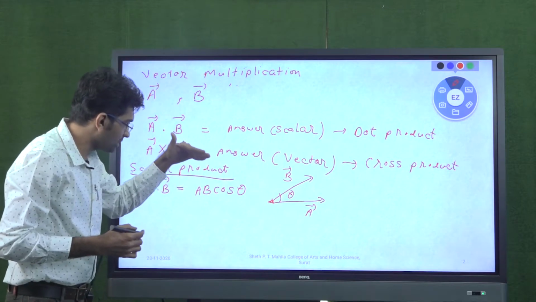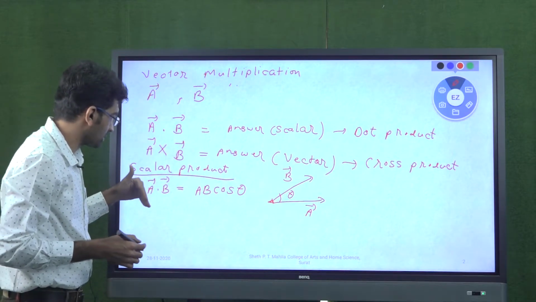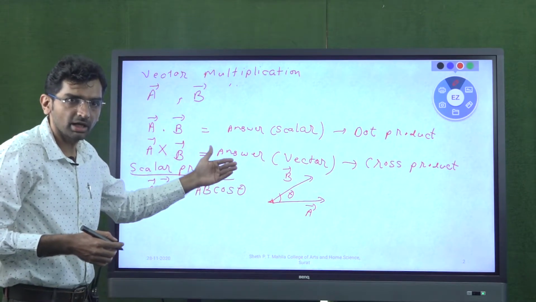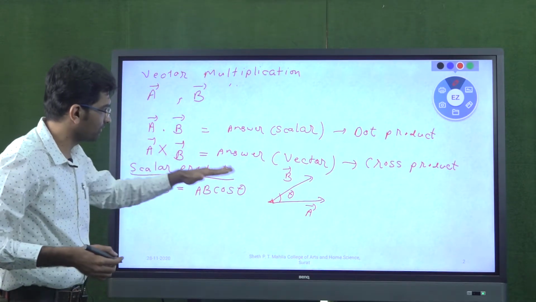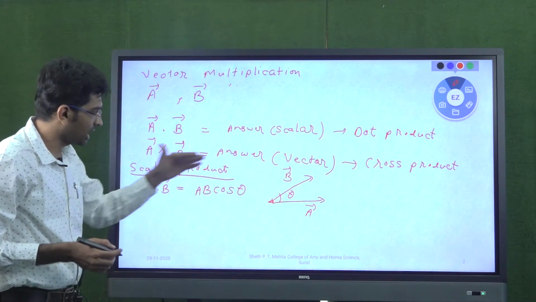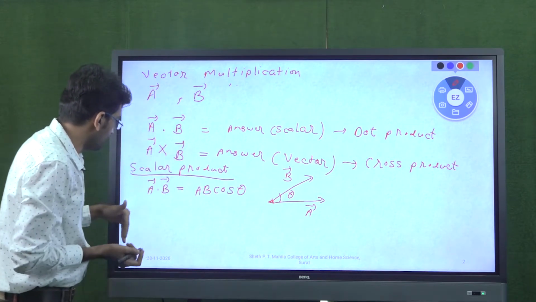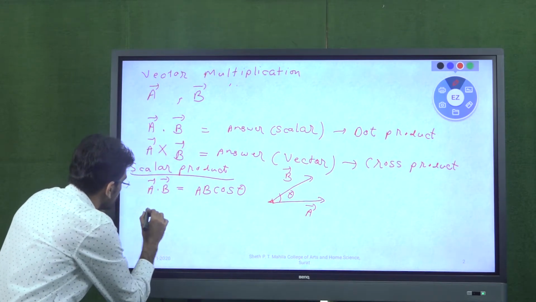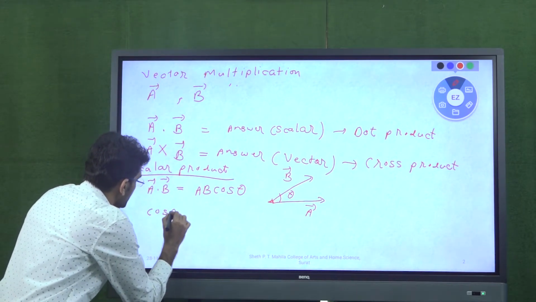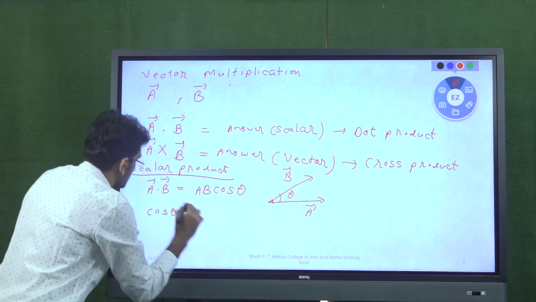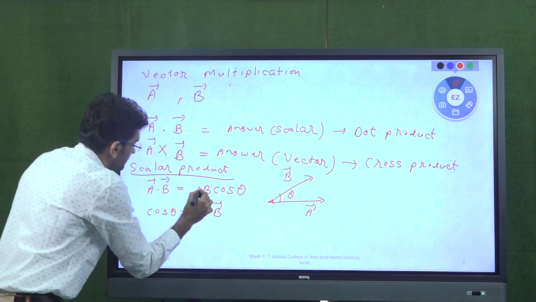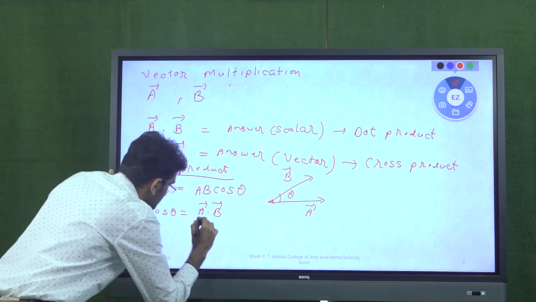What is the importance of this scalar product? If I want to find the angle theta, then from the scalar product I can find this angle theta. How? If I take the cosine from this equation, cos theta is equal to vector A dot vector B divided by AB, taking AB to the other side.